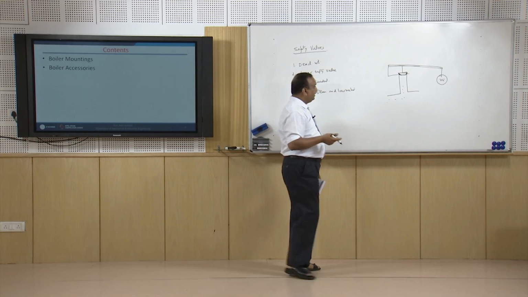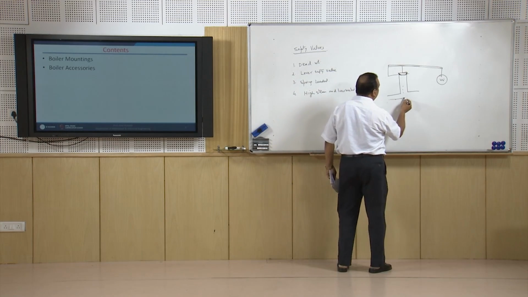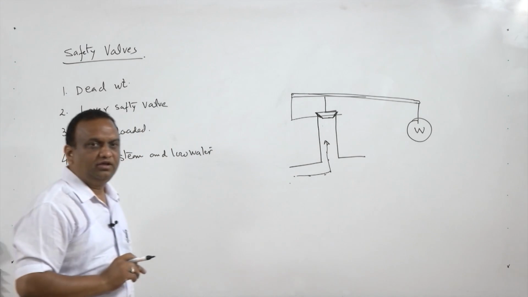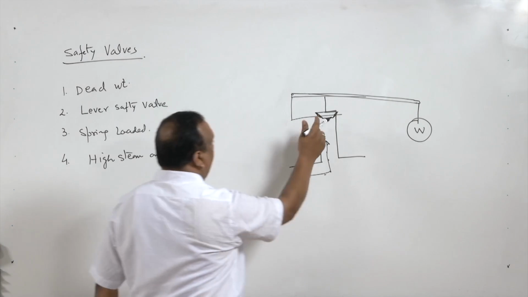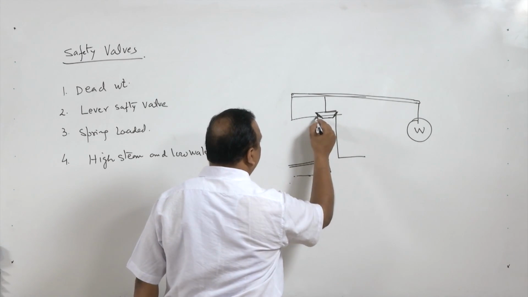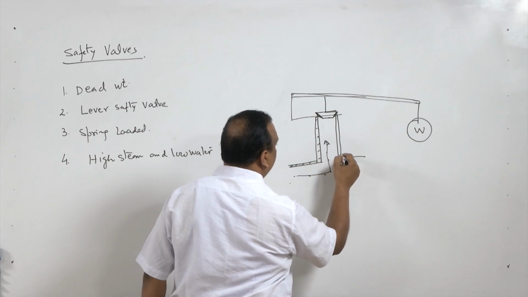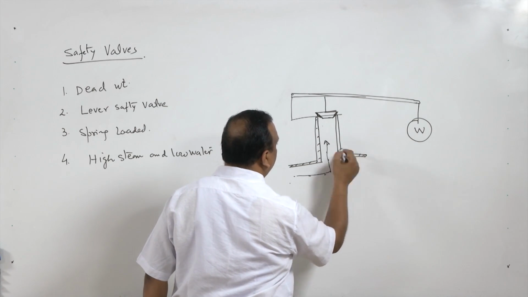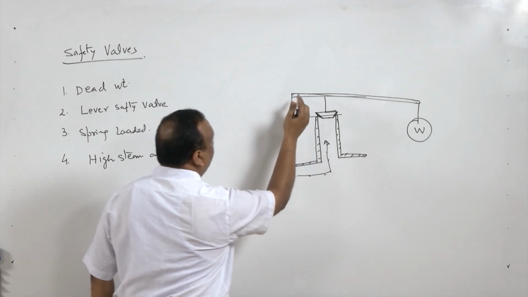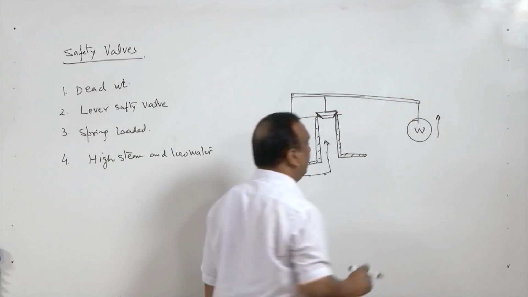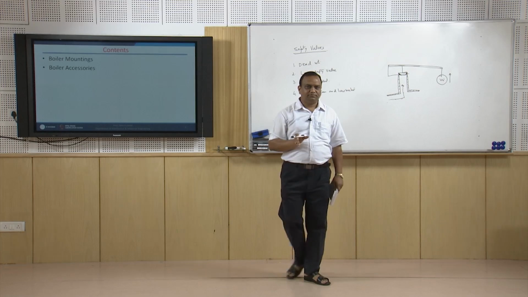Now, again, if the pressure is exerted on this, the steam will push this closing body, and this is also a body of the valve. Right, and because it is hinged here, this weight will be lifted and steam will be vented off.